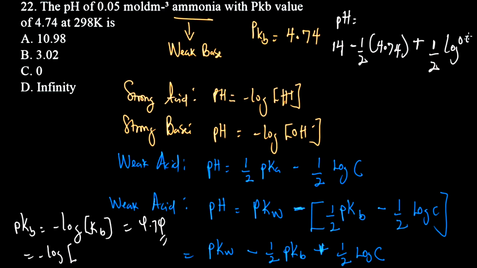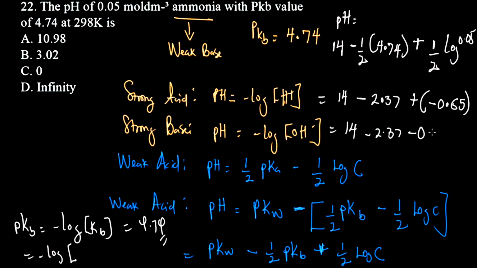So we have 14 minus 2.37 plus negative 0.65. So we have 14 minus 2.37 minus 0.65, and this is 10.98. So this is the answer.